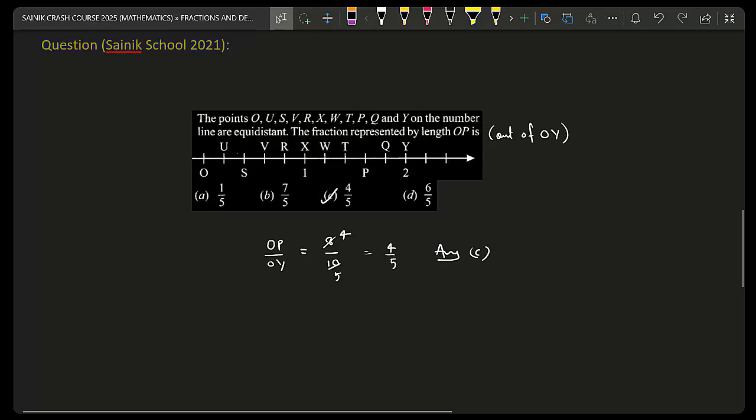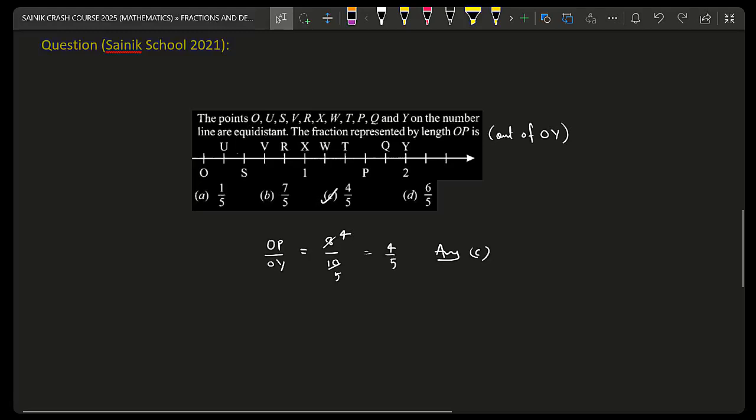Sir, once again explain, sir. See, they're asking what is the fraction of OP out of OY? That means if OY is the total objects, we have to find the fraction of OP, right? From O to P, how many parts are there? 8.